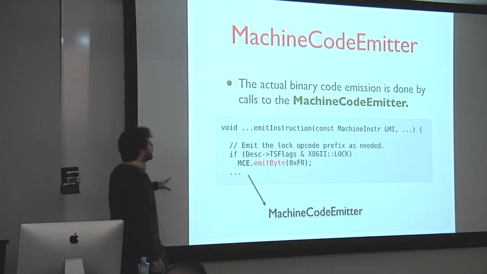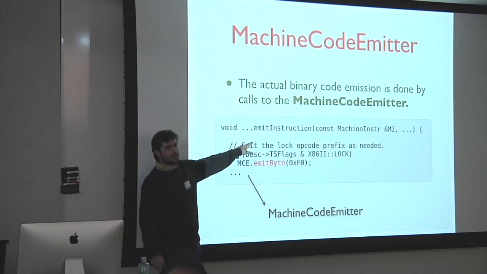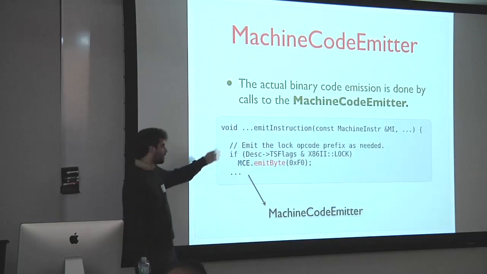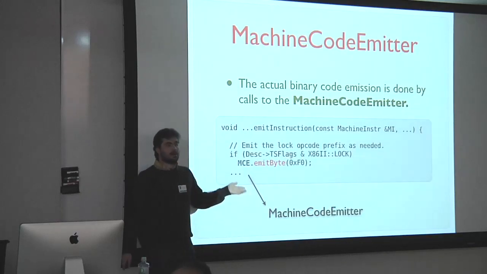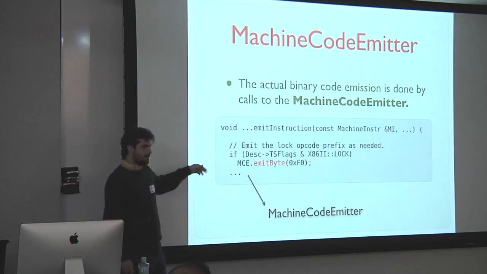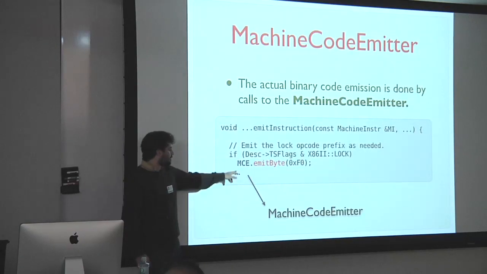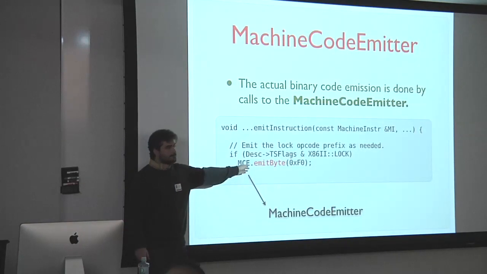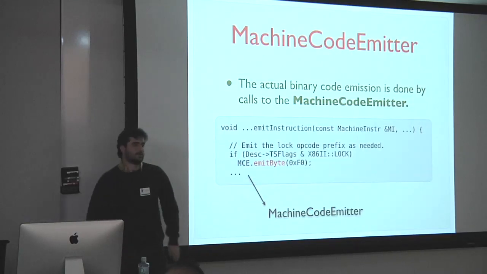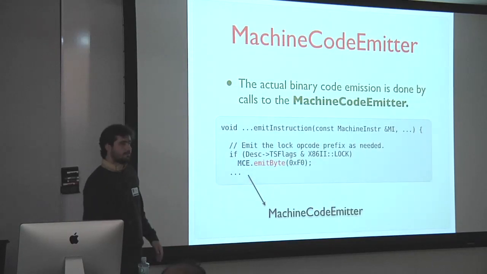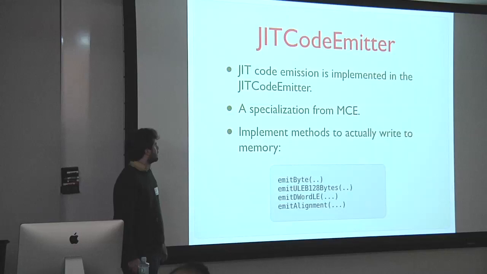Each one of these emitters will have something like this emit instruction method, which is implemented differently for each target. So for example, suppose we want to emit an opcode prefix for a lock expression in x86. We can just call this machine code emitter MCE emit byte, and it will throw that byte into memory. So this is what it does.